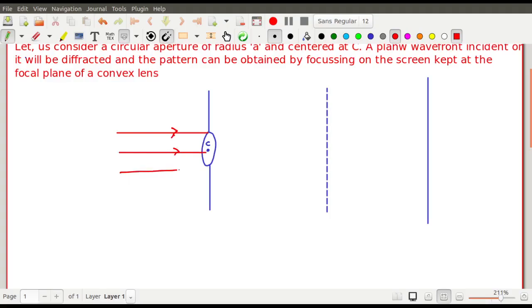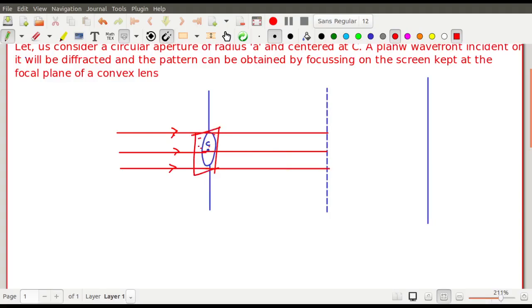So I just show you three parallel rays, তিনটে প্যারালাল রে আমি দেখানোর চেষ্টা করলাম। So wavefront, plane wavefront is incident over here. So এখানে একটা plane wavefront incident হয়েছে, and all points of this wavefront are the source of secondary disturbances according to Huygens, and according to Fresnel they will interfere with each other to produce a pattern on this particular screen, এবং তারা এখানে একটা প্যাটার্ন তৈরি করবে, they will form a pattern over here.